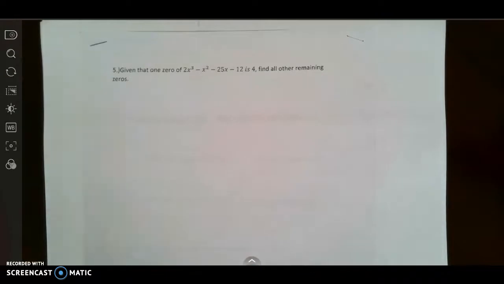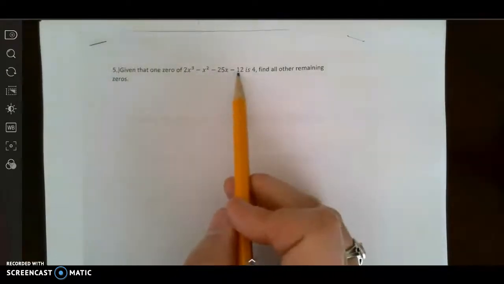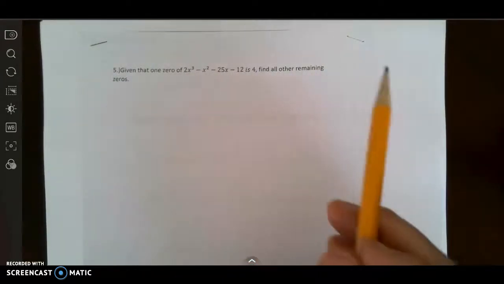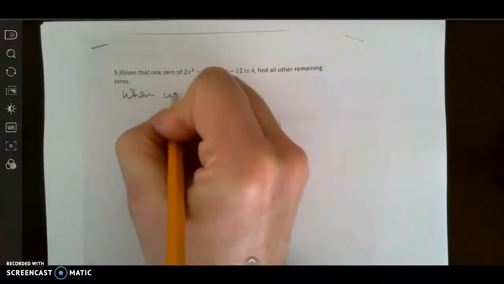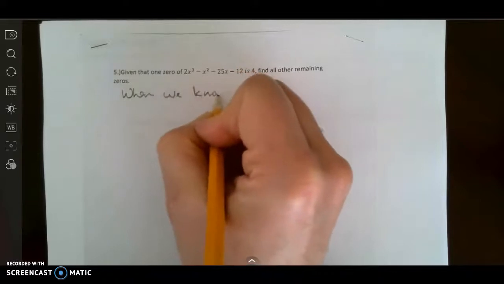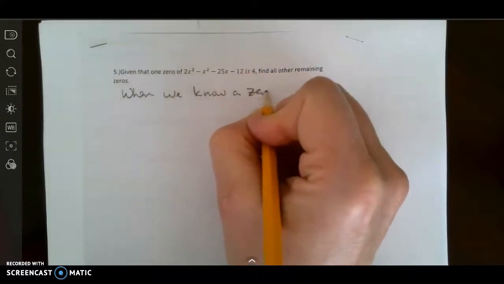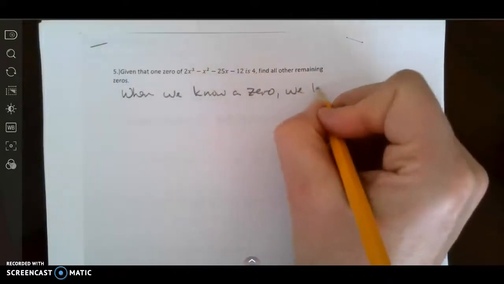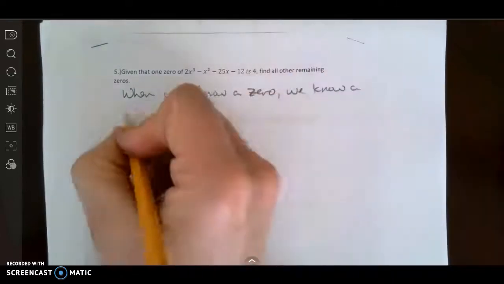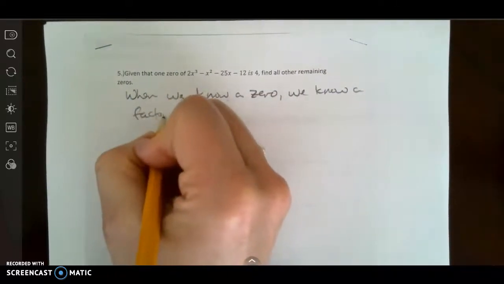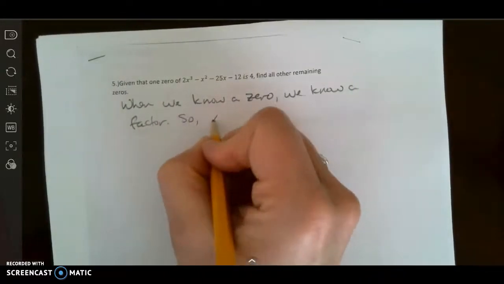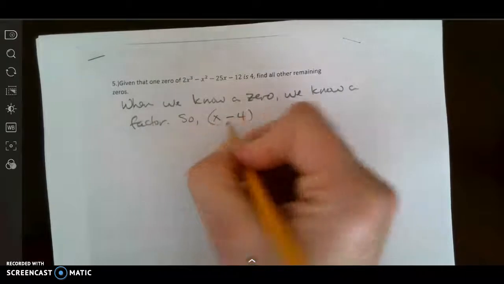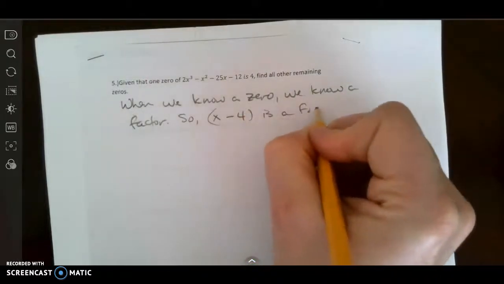It says, given that one zero of this polynomial is 4, find all the other remaining zeros. Well, remember that when we know a zero, we know a factor. So x minus 4 is a factor.